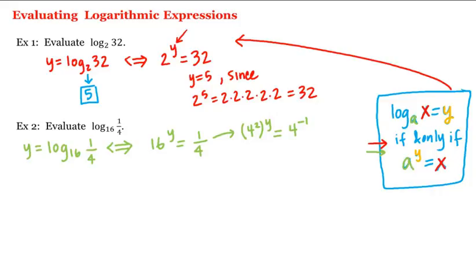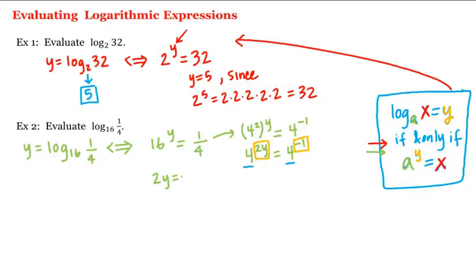By properties of exponents, we can multiply the exponents on the left, so 4 raised to the 2yth power is equal to 4 to the negative first power. And now these bases are equal, which means these exponents are as well, which is a direct result from the fact that exponential functions are 1-to-1.